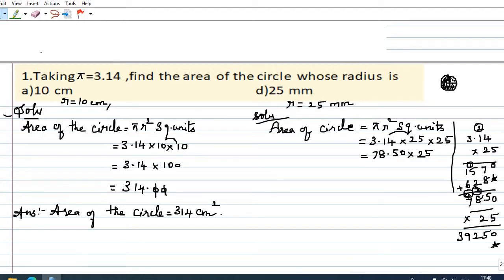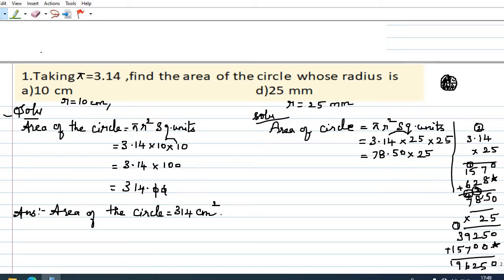And put a star. 2 zeros are 0. 2 5s are 10. So 1 carry over, 2 8s are 16, 16 plus 1 is 17, again 1 carry over, 2 7s are 14, 14 plus 1 is 15. So now 5, 2, 9 plus 7 is what, 16, so 1 carry over, 5 plus 3 is 8, 9, again this is 1.